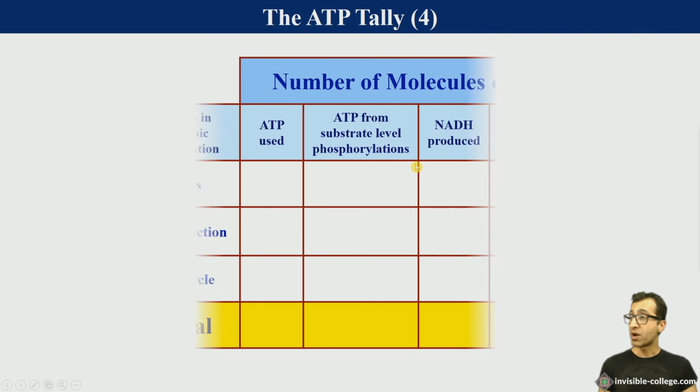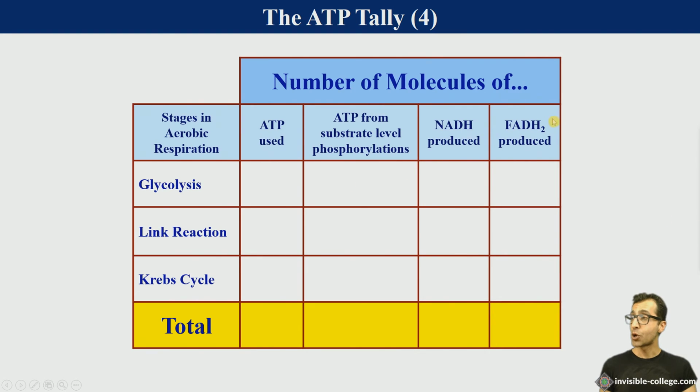So to summarize, we can basically show the origins of all of the ATP per molecule of glucose in the various stages of aerobic respiration, and we can summarize that in terms of ATP used for the various stages versus the ATP produced from substrate level phosphorylation, and also the ATP produced by the electron transport chain due to the reducing power of the NADH molecules and the FADH2 molecules produced at these various phases.